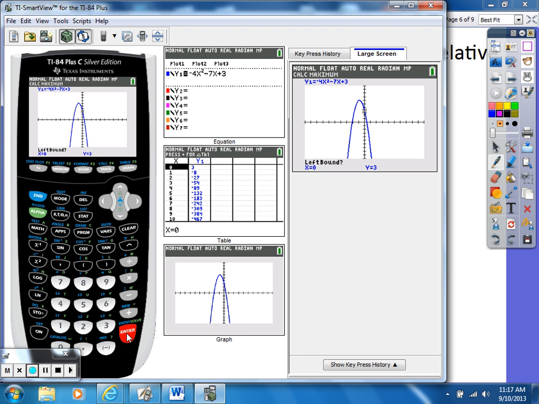That means you need to be on the left side of that bump. So I'm going to hit the left key until that little blinky cursor is somewhere over on the left side. It doesn't have to be close, it just has to be somewhere on the left side of the highest point. Everybody about there? Well, when you're there, hit enter.